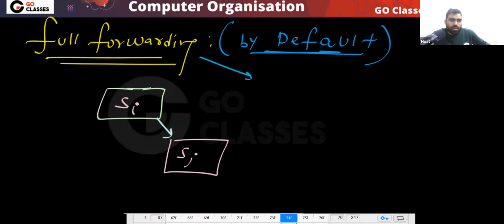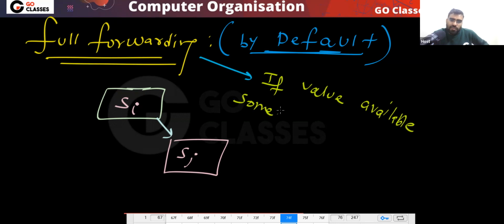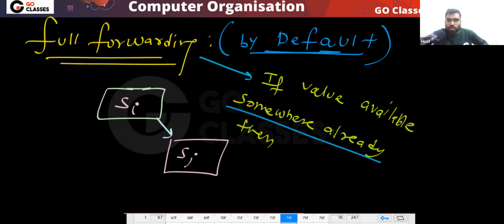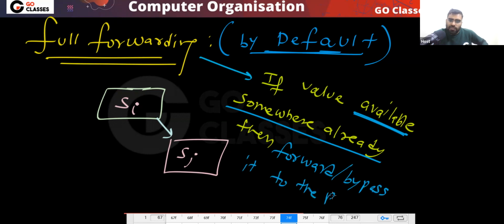So full forwarding means that if the value is already available somewhere, then forward or bypass it to the place where it is needed. This is your full forwarding.